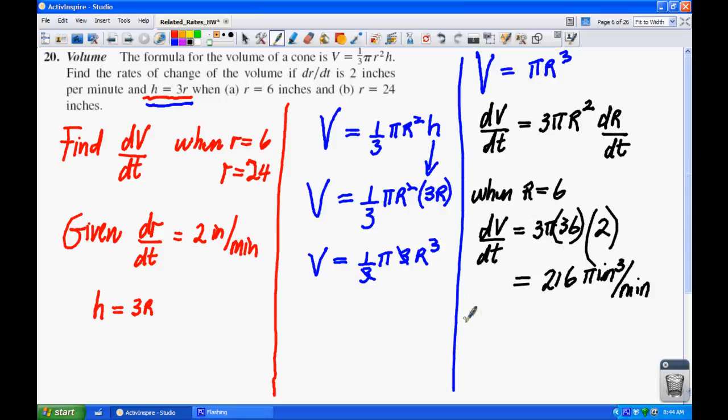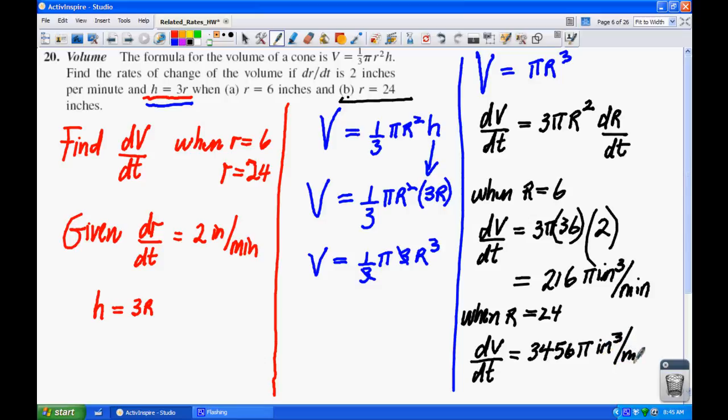All right. And similarly, you do the same thing when r is equal to 24. We're answering B now. When r equals 24, you merely just plug in 24 here for r, and I'll let you do the math here, but the book came up with an extremely big number, 3,456 pi inches cubed per minute.